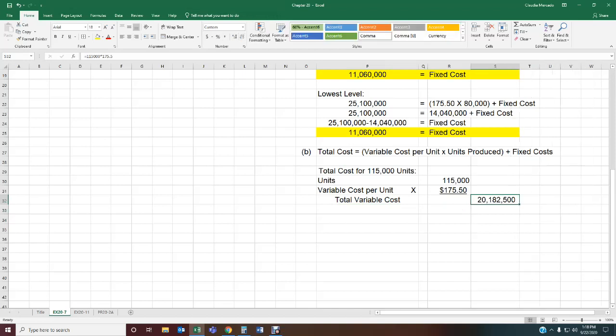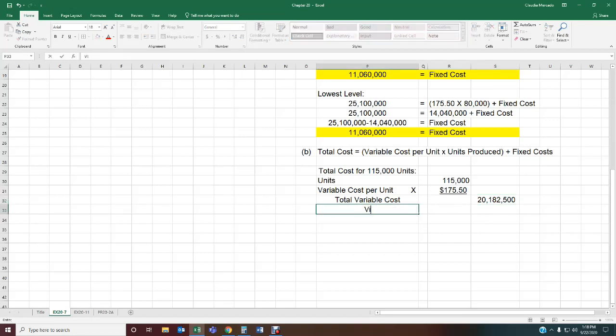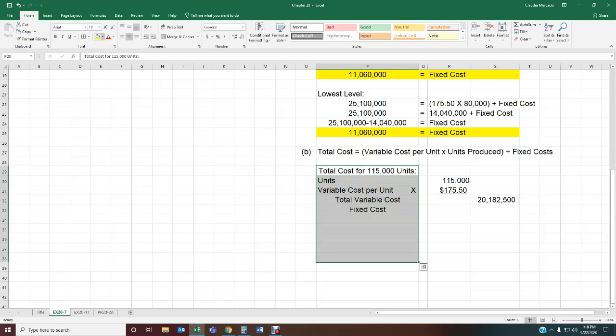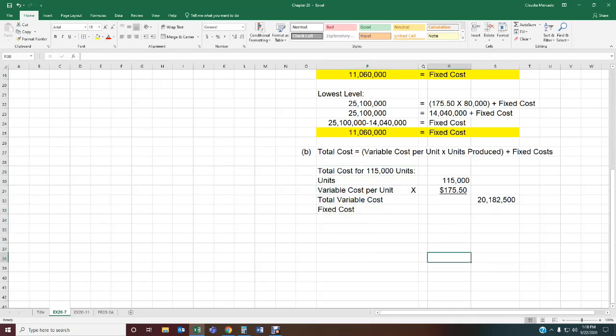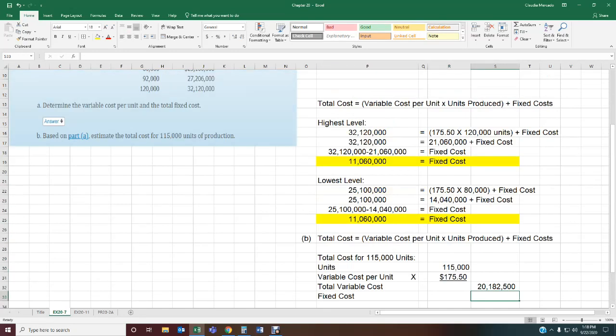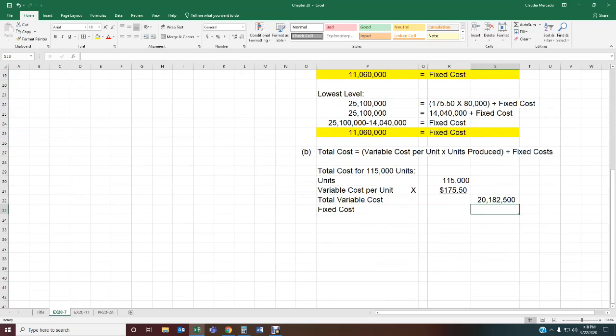That's going to give me 20,182,500. Then I'm going to add my fixed cost. We calculated fixed cost to be $11,060,000.